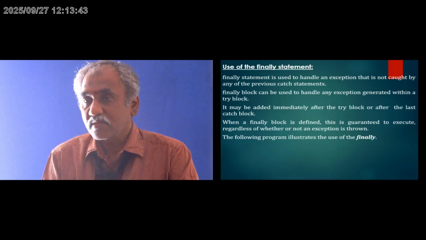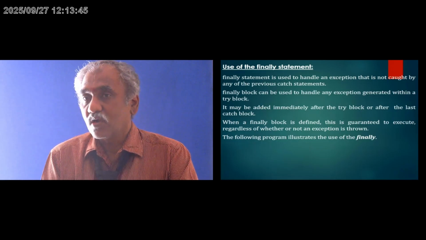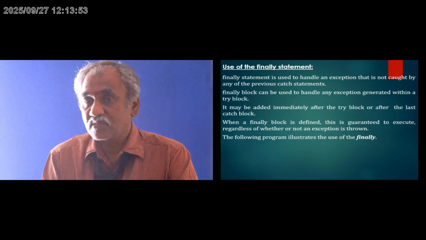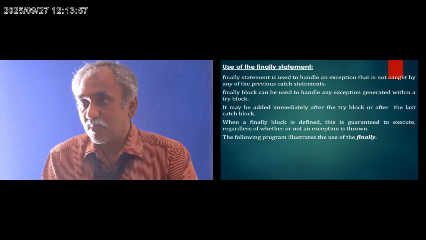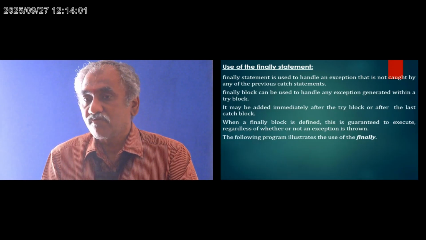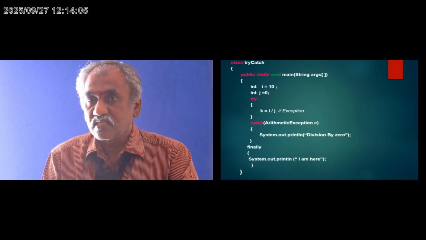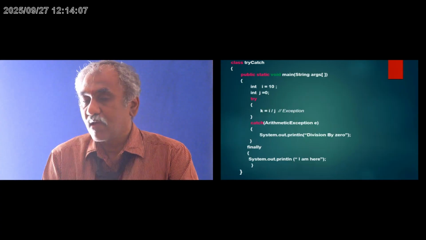The finally block is used whether the exception is caught by the catch statement or not. The finally block is guaranteed to be executed whether the catch block is successful or not. The finally block must be added after the catch block or after the try block. This may be used for garbage collection. You see here the try block, the catch, and the finally block at the last.